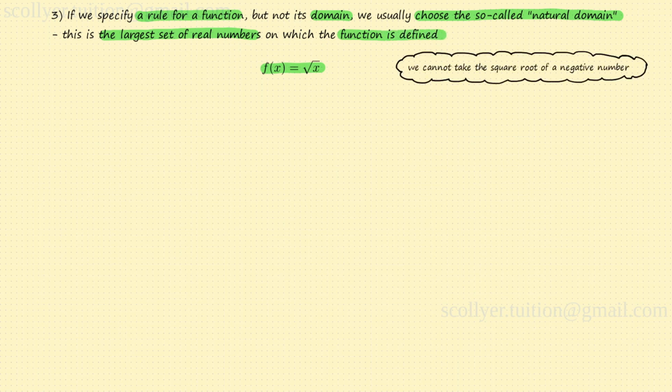And we should bear in mind that we cannot take the square root of a negative number. And so the natural domain for the square root of x function is the set of positive and 0 real numbers, which is specified in interval notation like so.